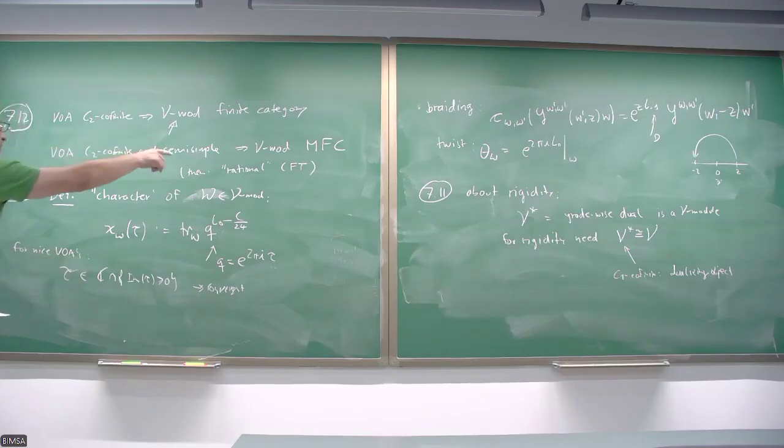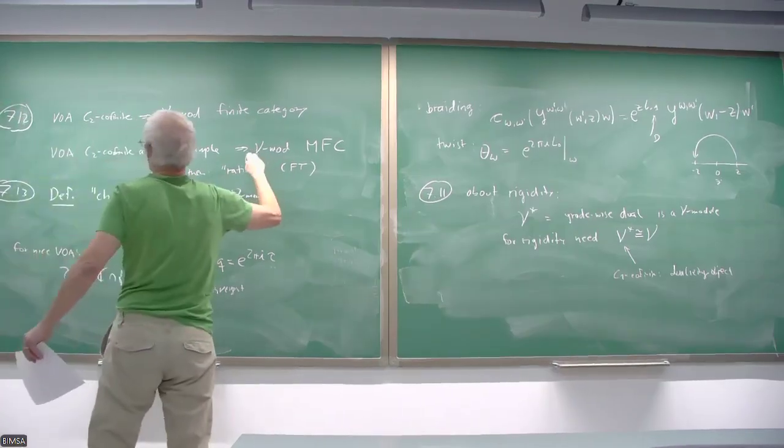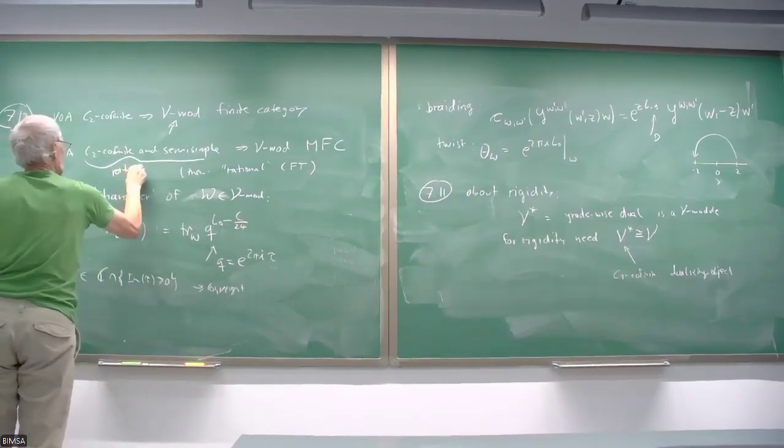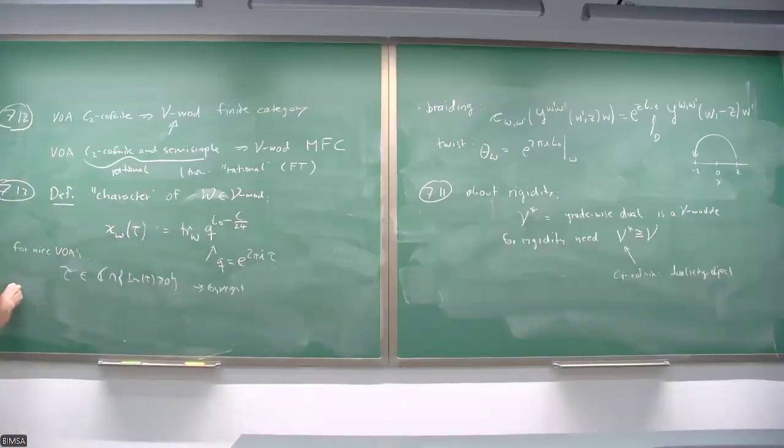In the particular case of a rational, let's call this a rational VOA. If V is rational, not enough space here. On the other side.